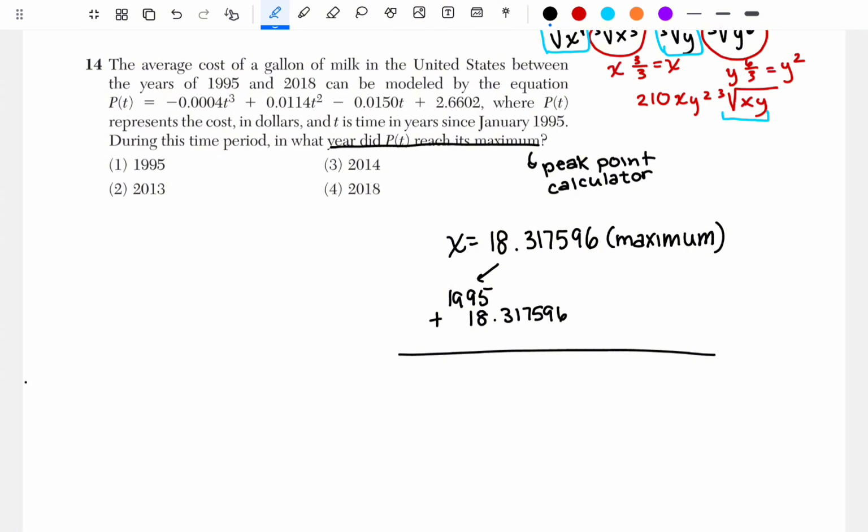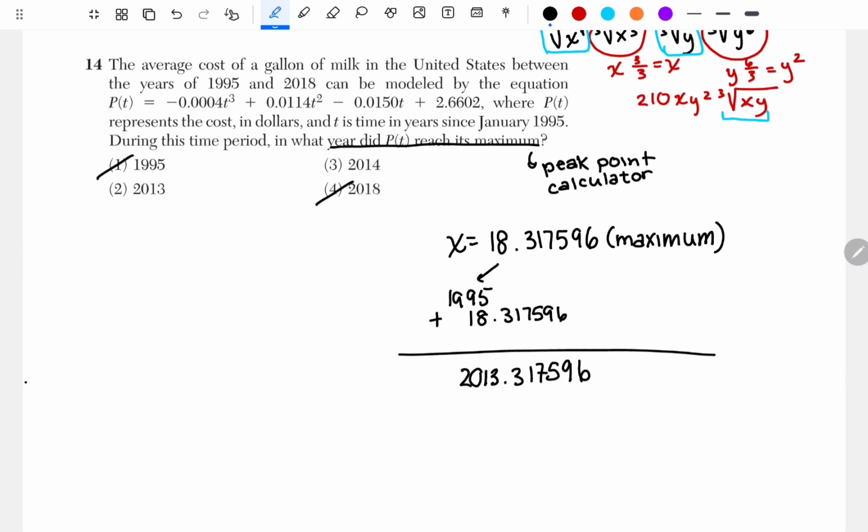So in our calculator, we do 1995 plus 18.317596, and we get 2013.317596. So we could, off the bat, eliminate answer choices 1 and 4.